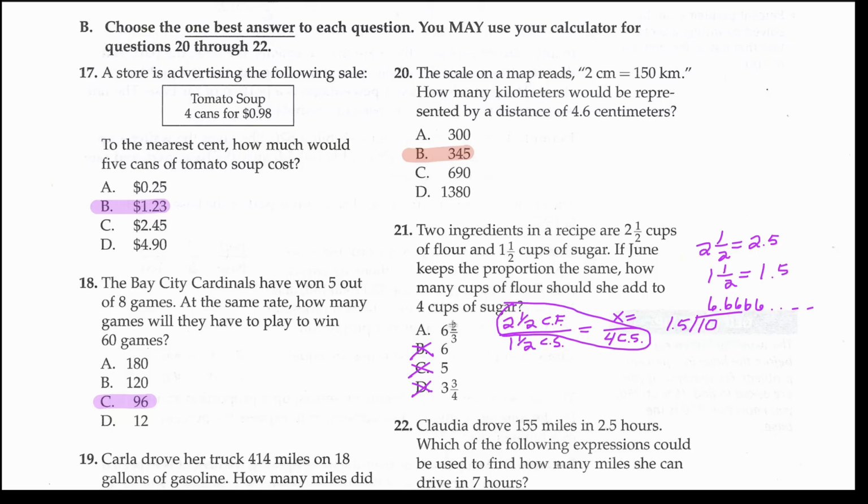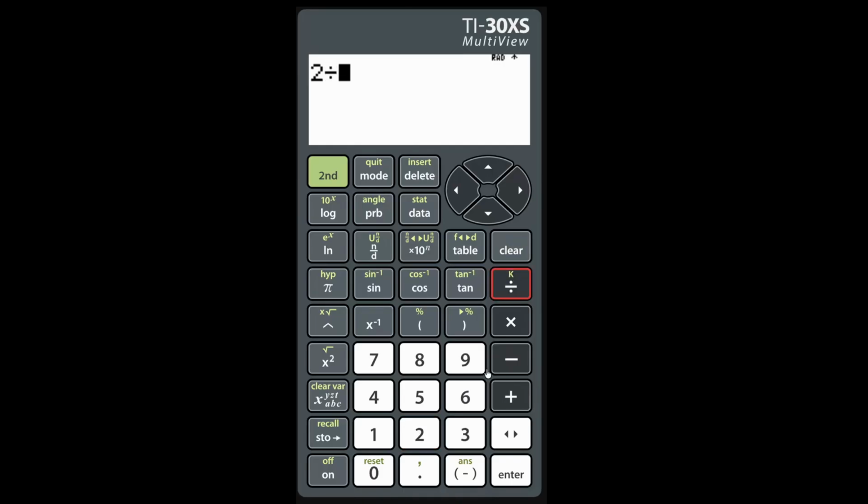But what about the 6 and 2/3? Is that the same as 6.666? How do you prove that? You see the 2/3 here. That means 2 over 3, which means 2 divided by 3. Let's see what it gives us. 2 divided by 3. Enter. That's 0.66666.